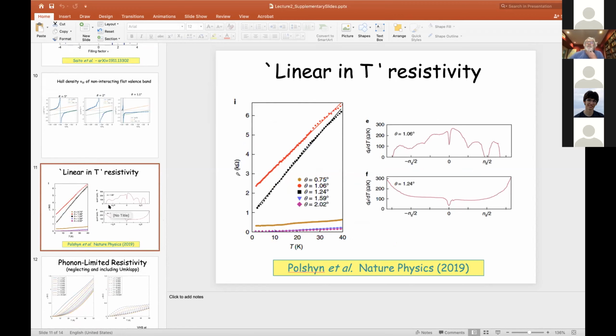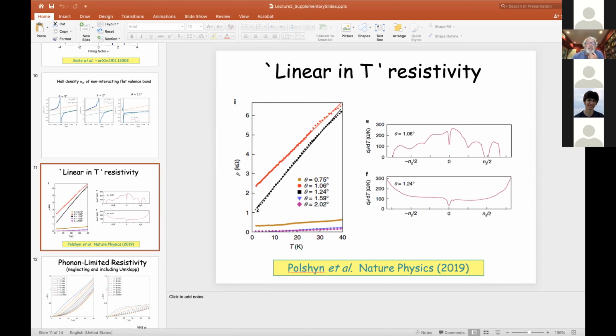Let me turn to another important experimental observation, and this is widely observed. This is a summary from Andrea Young's group, and they look at the resistivity as a function of temperature. Away from the magic angle, you see some typical 2D conductor behavior.